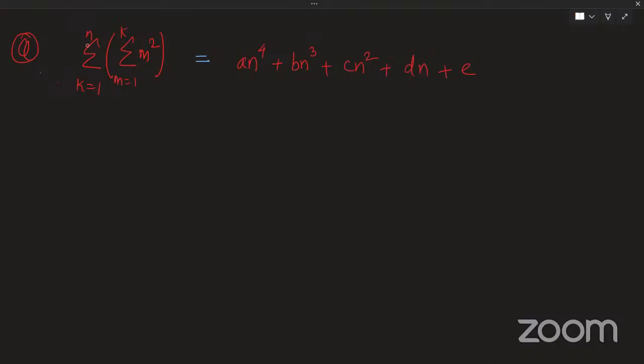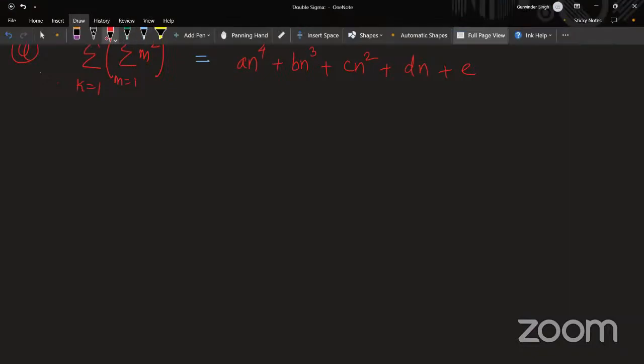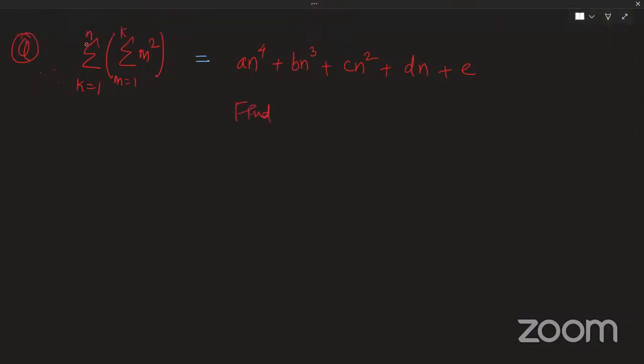I will get my final answer in terms of n. It is now asking me to find a plus b plus c plus d plus e. Understood the question?